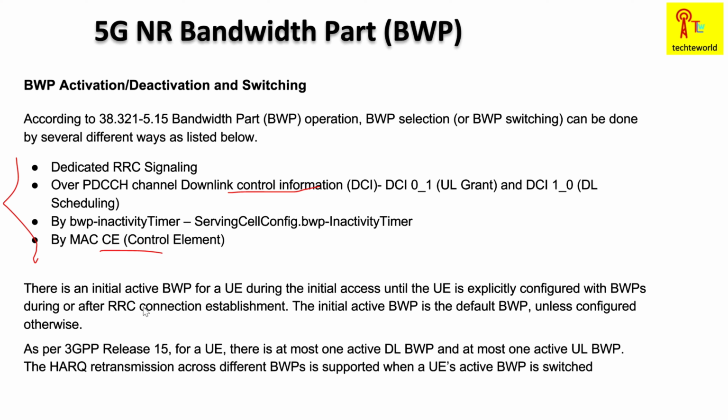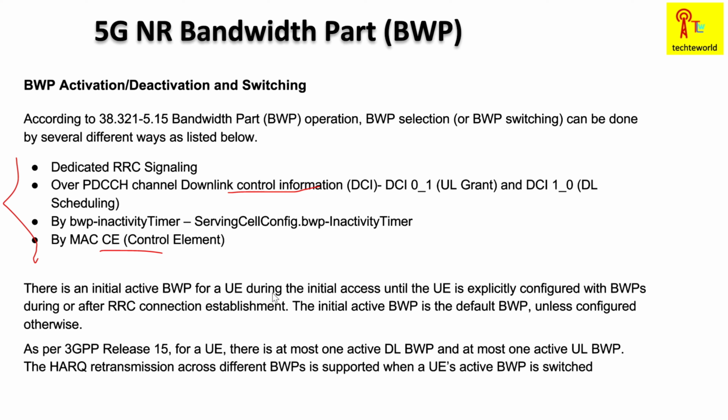One more thing is that there is an initial active bandwidth part for a UE during the initial access, until the UE is explicitly configured with the bandwidth part during or after RRC establishment. So there is a concept of initial active bandwidth part. What does it mean? That means there will be a kind of default active bandwidth part which will be active once an RRC connection establishment is done.